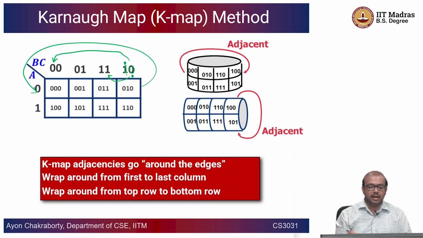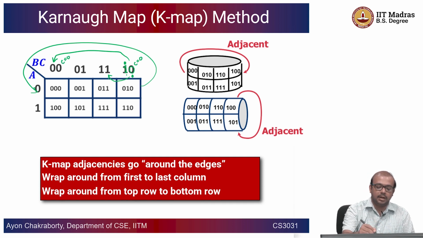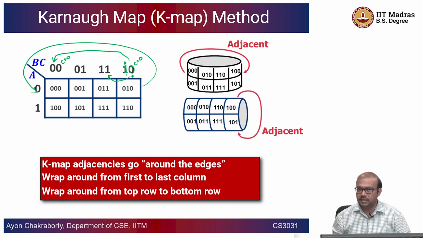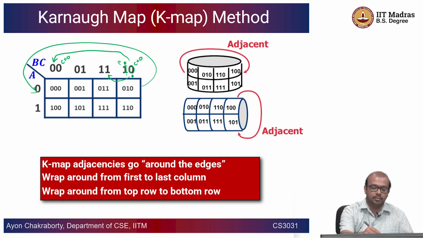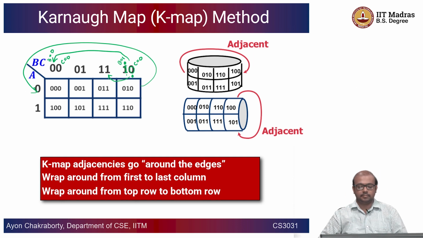Technically, here C is equal to 0, here also C is equal to 0, but B changes its value from 1 to 0, which means that you can club this last term to the first term and still apply the uniting theorem, because B then vanishes. Here B is equal to 1, here B is equal to 0. So, not only the adjacent terms, but adjacent terms also in a wrapped sense. I will give you some more examples that will make the idea very clear.